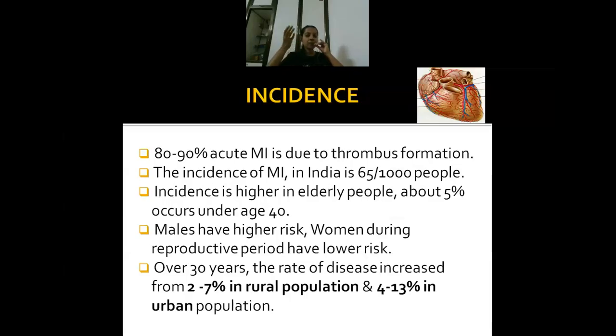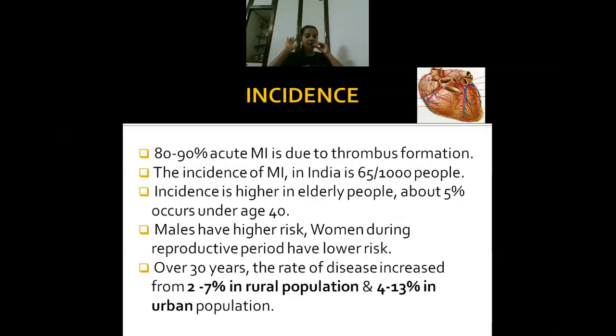When they have compared males and females, in males it is of more incidence, and women who are in their reproductive life, that is before menopause, are at lower risk, because of the circulating estrogen. But after the menopause, both men and women will be at equal risk of getting a heart attack.